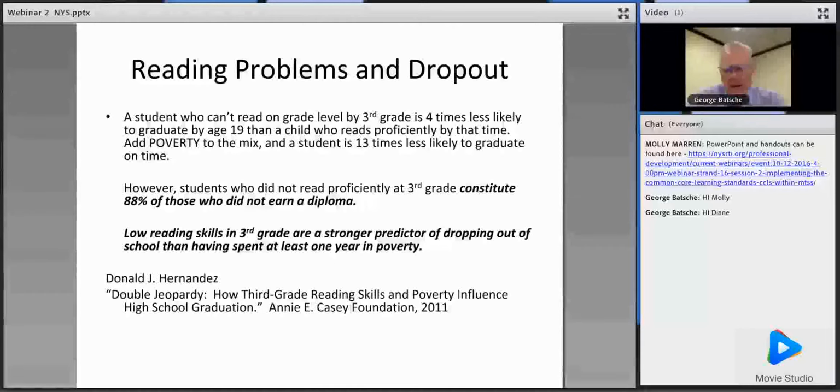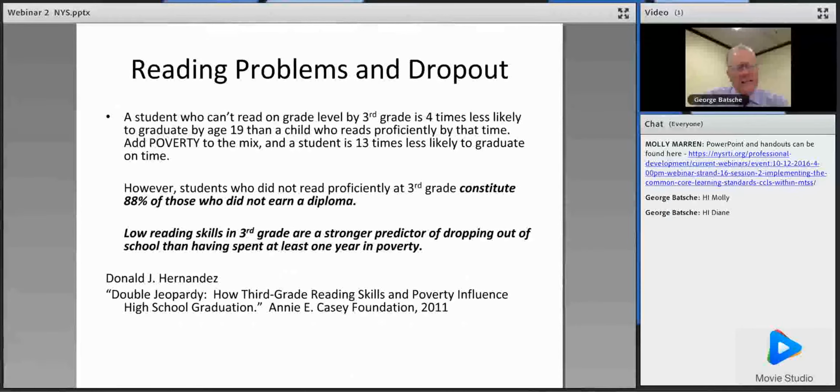I'll make a point in a few minutes when we come to the standards, but the idea that early elementary risk factors don't relate to graduation issues is false, both academically as well as behaviorally.